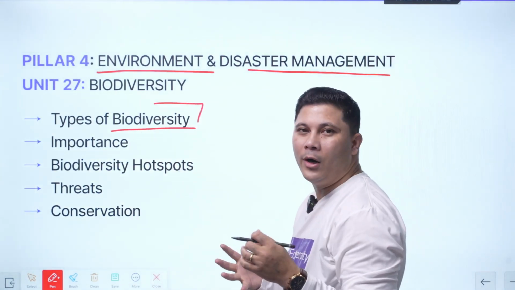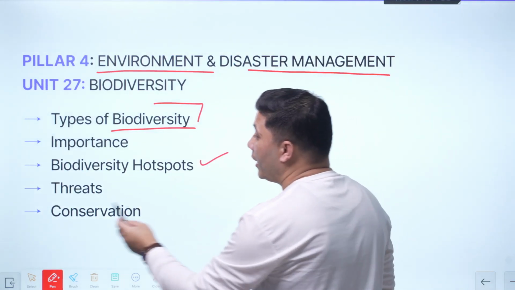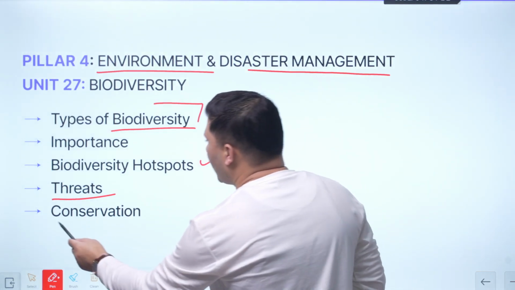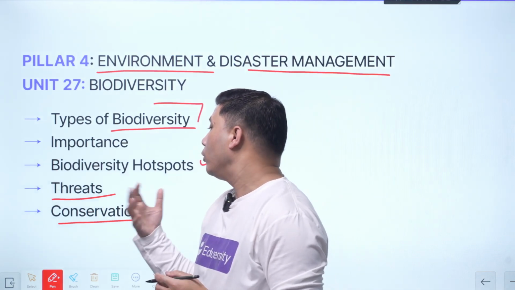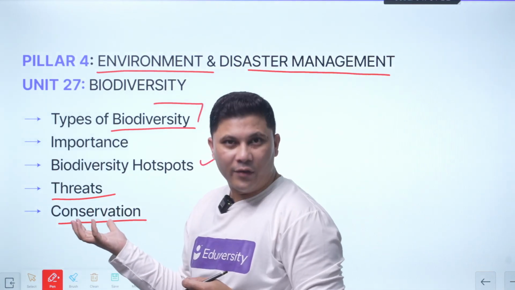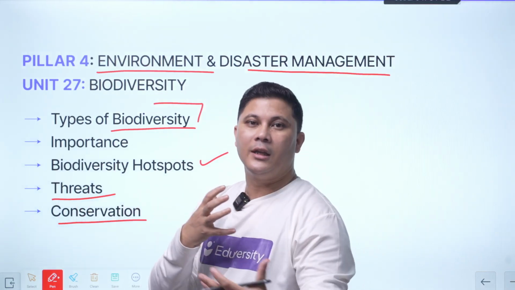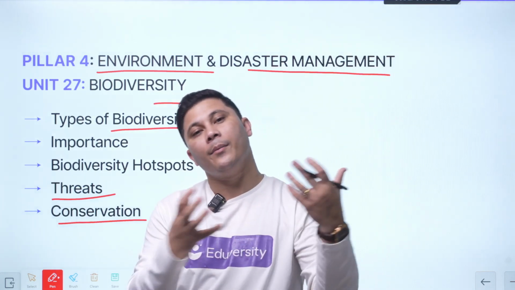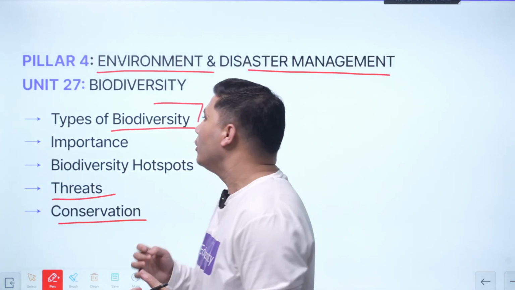You have to know about biodiversity hotspots in India, threats to biodiversity, and then how to conserve biodiversity. So you get to see that in India, to preserve biodiversity, we have national parks and wildlife sanctuaries. You got a point, right?